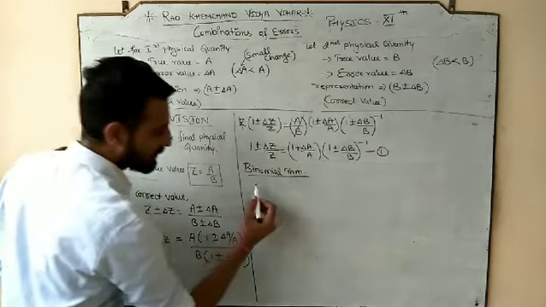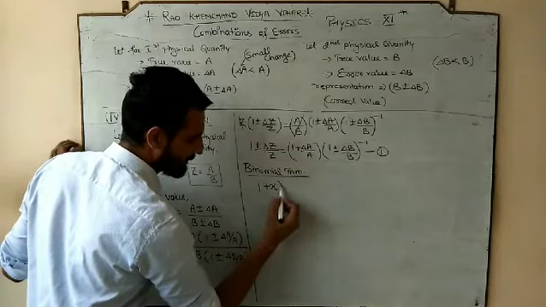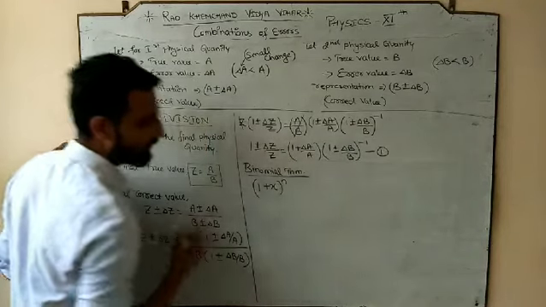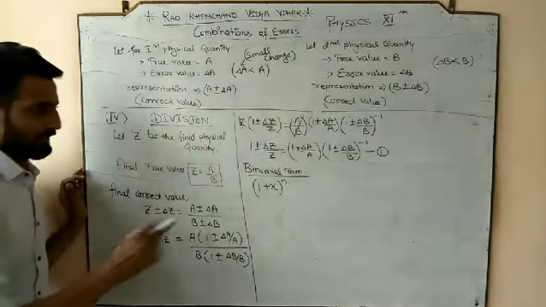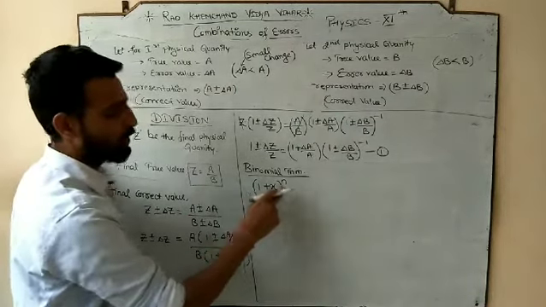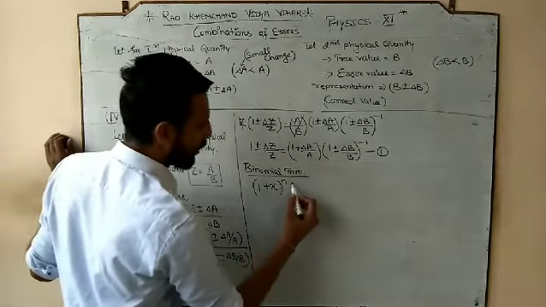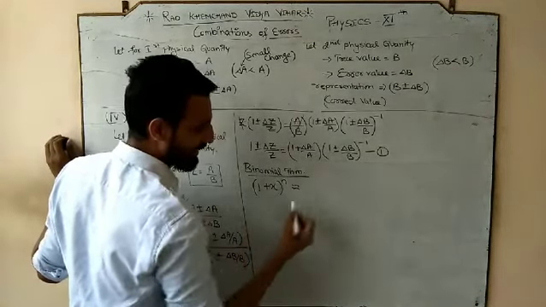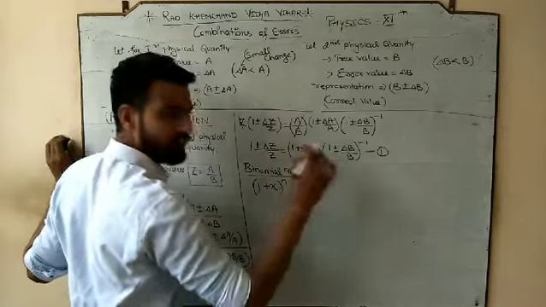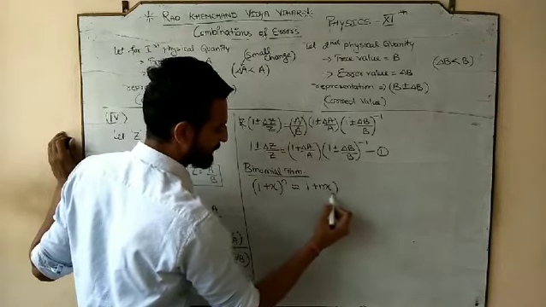And the theorem is: 1 plus x whole power n, 1 plus some unknown value and whole power is n. N can be any numerical value, is nearly equal to 1 plus nx.